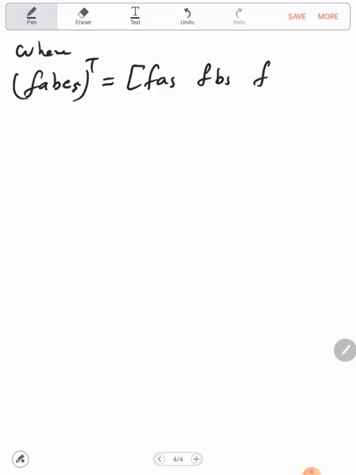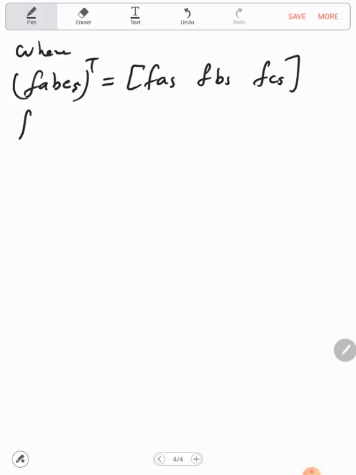Now here I'm using the notation where FABCS transpose will equal to FAS, FBS, FCS, and F can be any function. It can be flux, it can be voltage, it can be current.